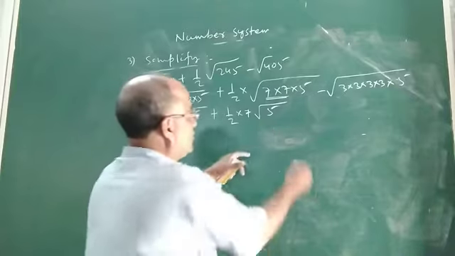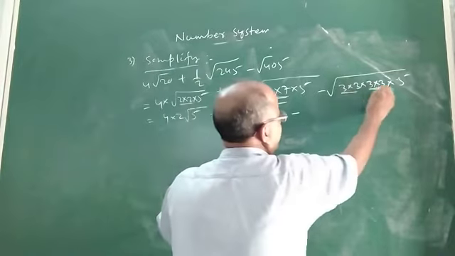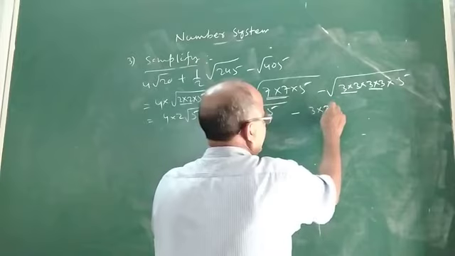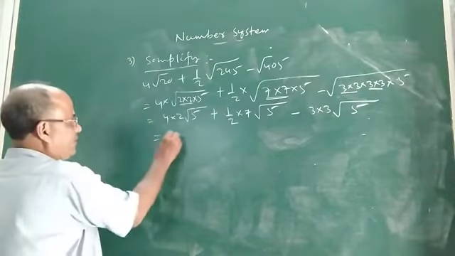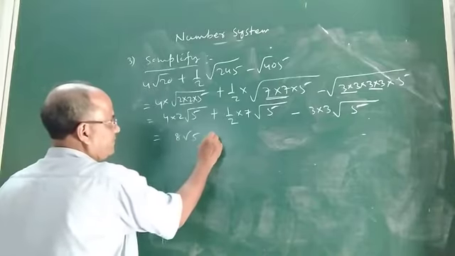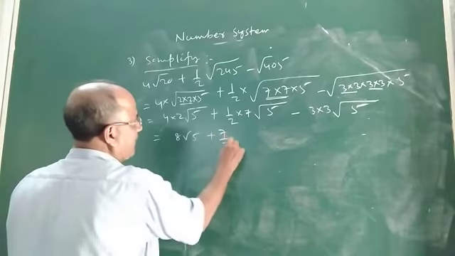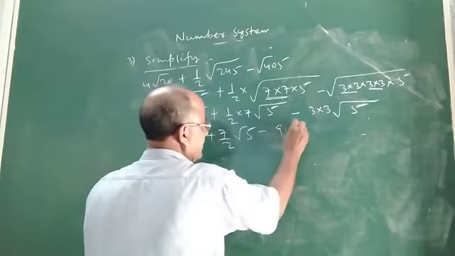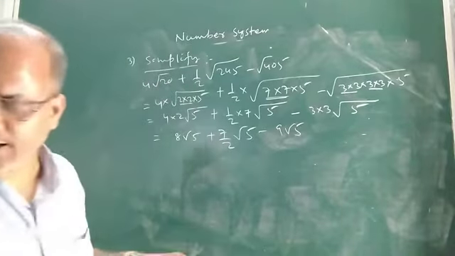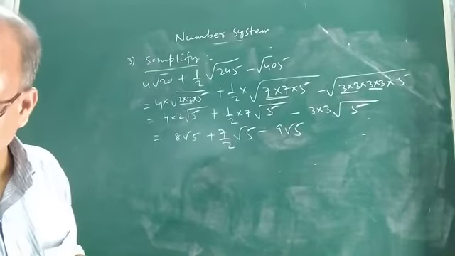And for the last one, 3 into 3 gives 9 root 5. So this will be 8 root 5 plus 7 by 2 root 5 minus 9 root 5.